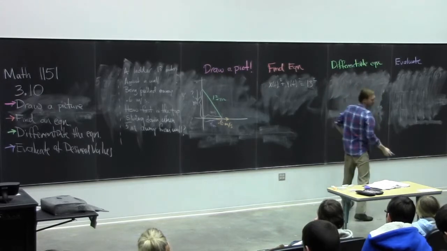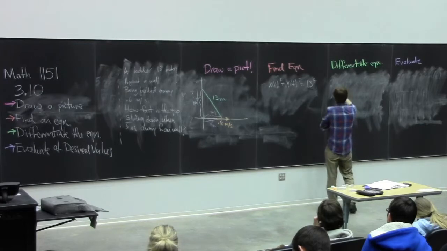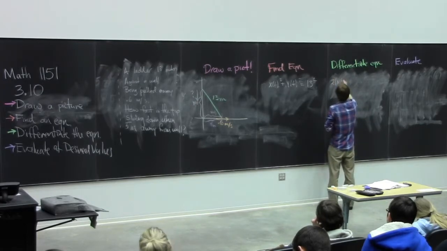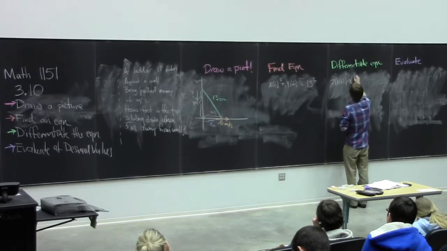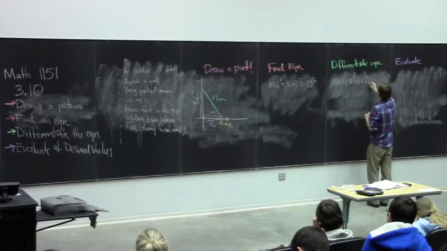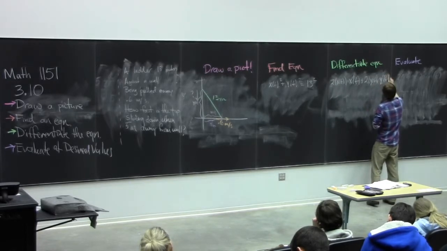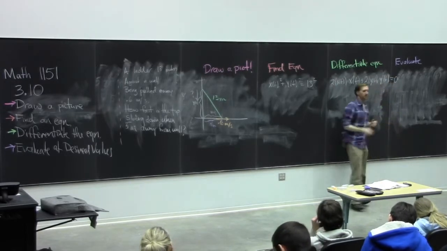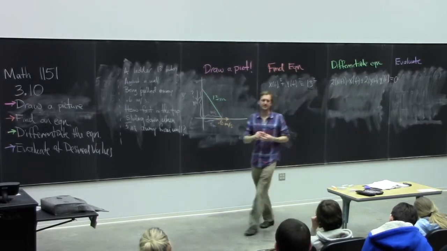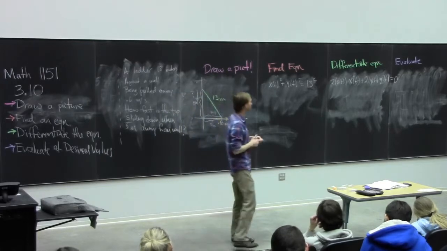Sorry. What rule did I not apply? Chain rule. So that's going to be 2x of t times x prime of t, plus 2y of t times y prime of t, equals 0. There we go. My apologies, but I fixed it.